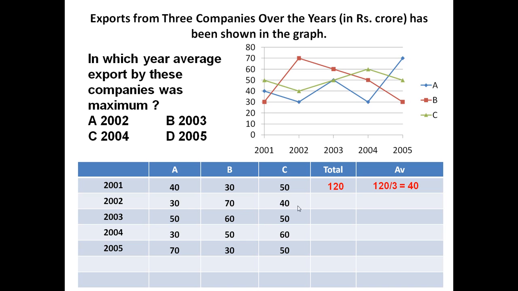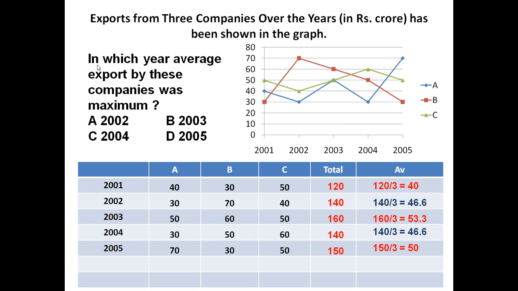Similarly in 2002 you add these 3, it is 140 divided by 3, 46.6. 2003 160 divided by 3, 53.3. 2004 you add these, 140 divided by 3, 46.6, and 2005 150 divided by 3 is equal to 50.